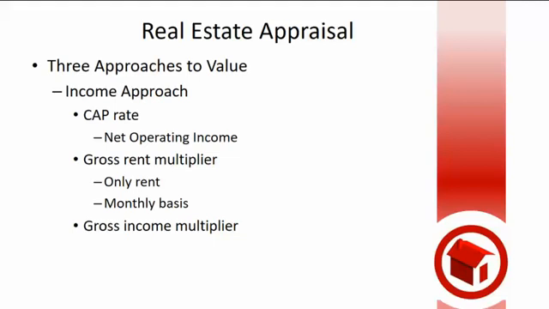So what's the gross operating income? Somebody tell me what the gross operating income is. $30,000. How'd you get that? 5 times 500 times 12. Right, because remember that I told you it's $500 a month. So it's 5 units times $500 a month times 12 months gives you the gross income of $30,000.